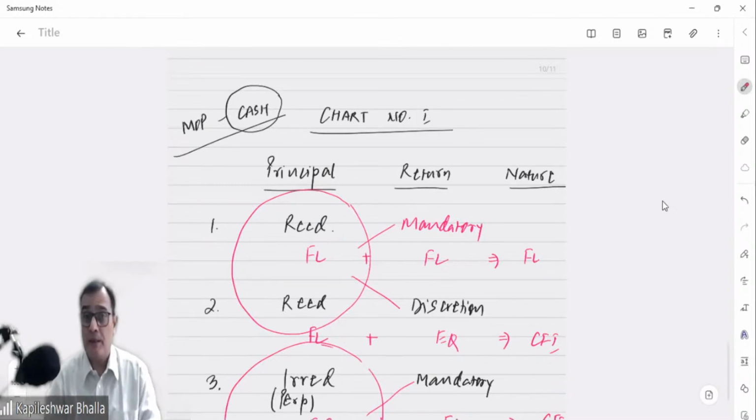Here, it would be a really good exercise, which you can also try. Once we have done all these charts, pick up the questions from the study material and from the RTPs, MTPs and all, and you could easily relate them to the charts, seeing which combinations are falling in which category.